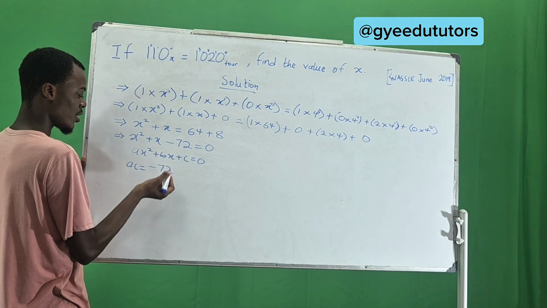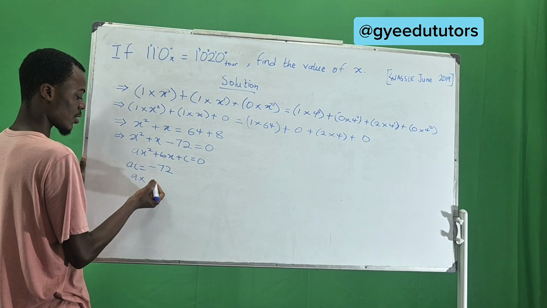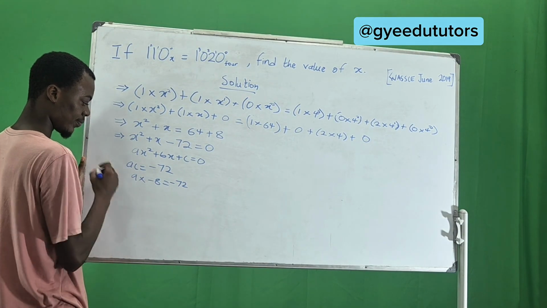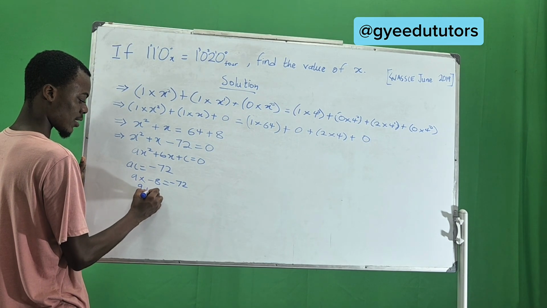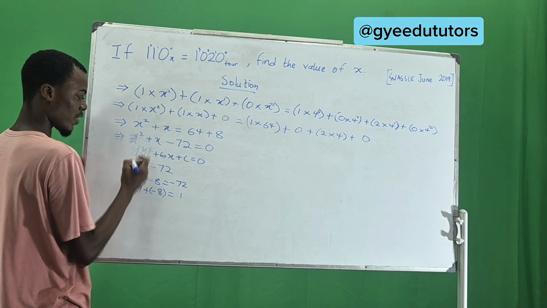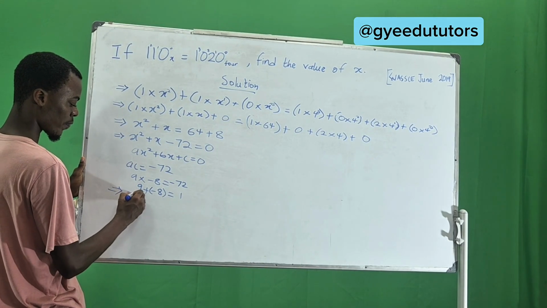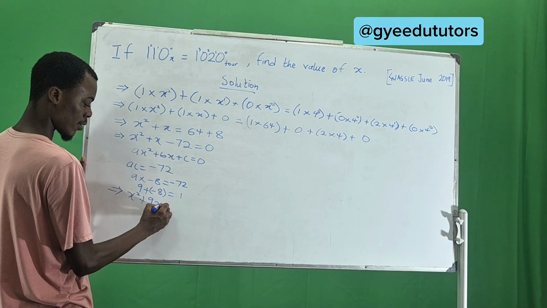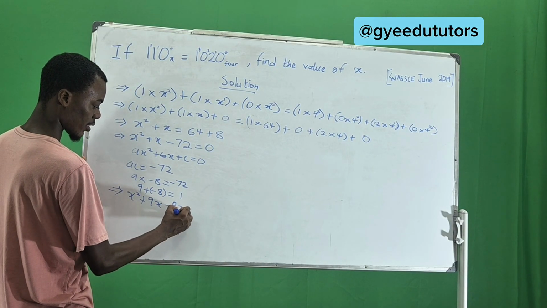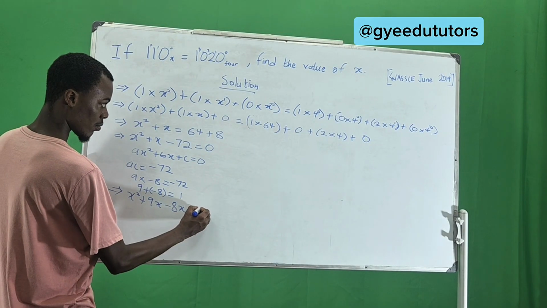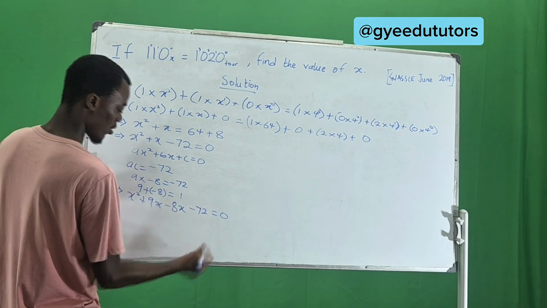So the same way, 9 times minus 8 gives you minus 72, and 9 plus minus 8 gives us 1. So it's valid. Now you can break it down to x squared plus 9x minus 8x minus 72, which is equal to 0.